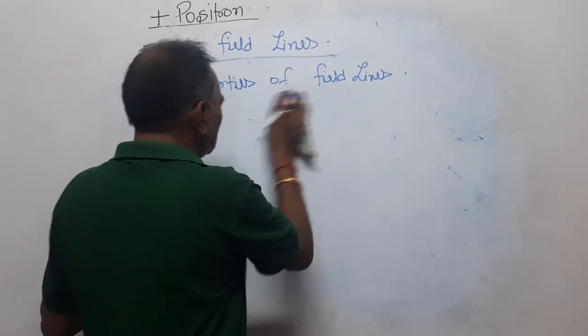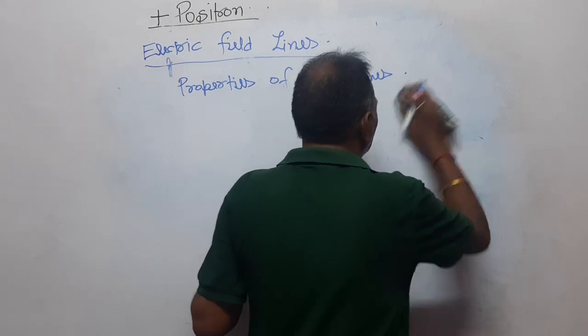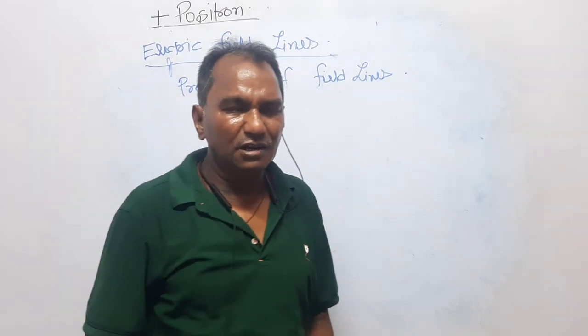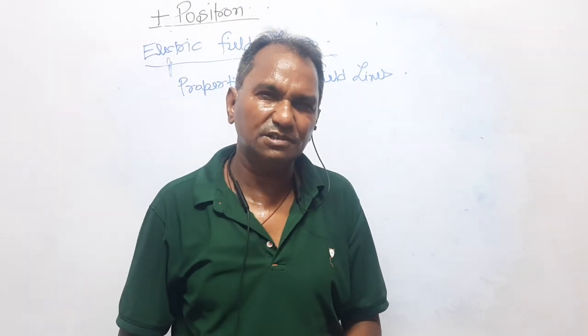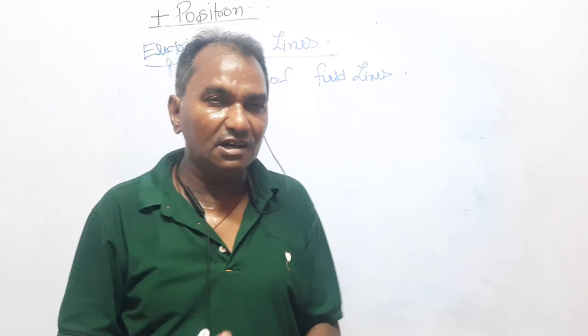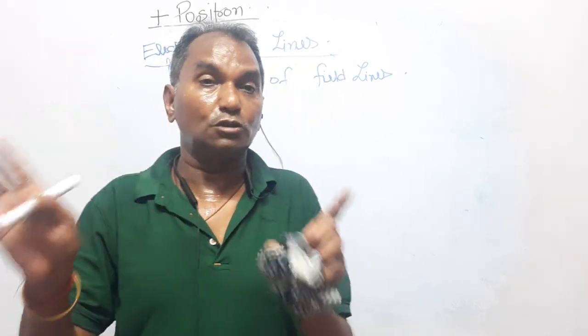Now, dear students, we are discussing the properties of field line. You can say that field lines begin from the positive charge and end at the negative charge. So they do not form a closed loop.